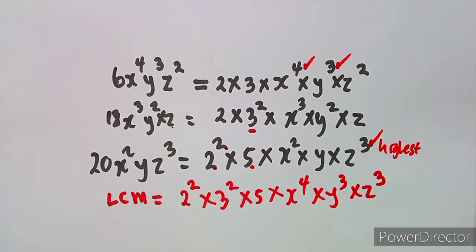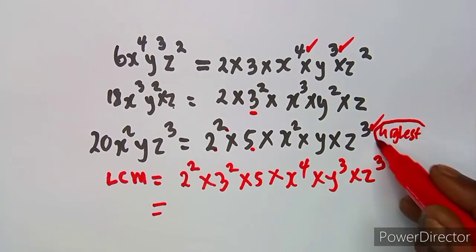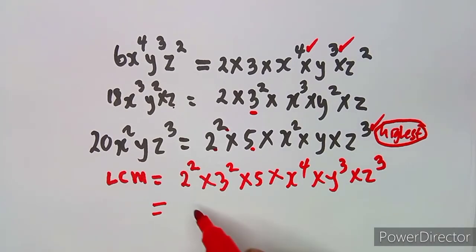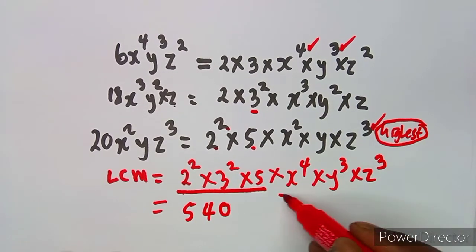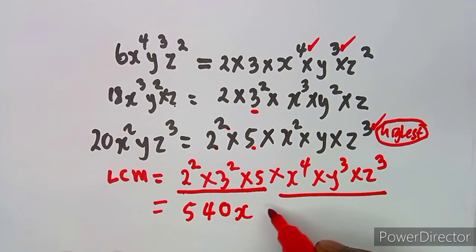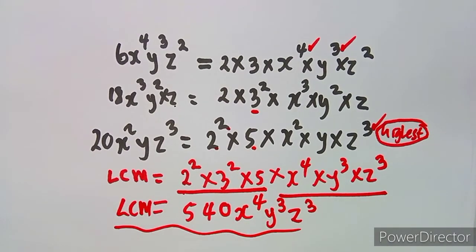So that's how you find the LCM. You take every term, but when the term is common, you take the one with the highest exponent. Okay, so simplifying these numbers together, you obtain 540, and this remains as it is, which is x to the exponent of 4, y to the exponent of 3, z to the exponent of 3. So that is our LCM.